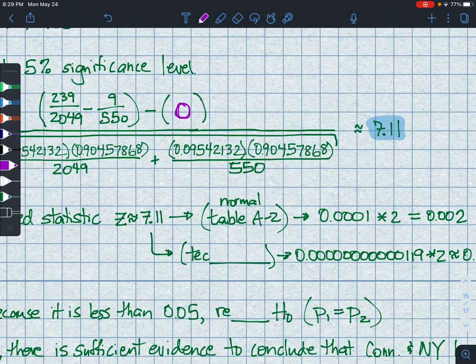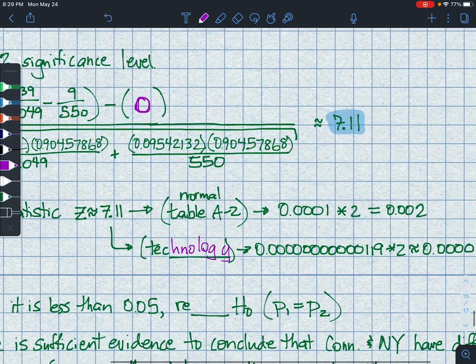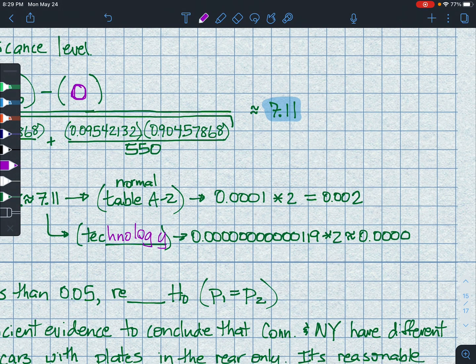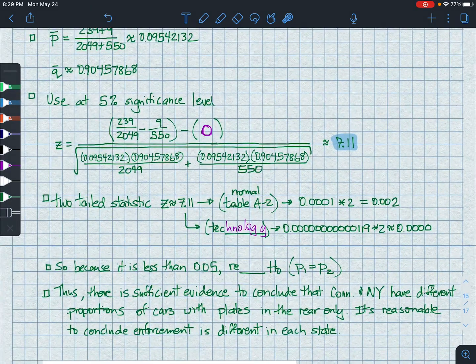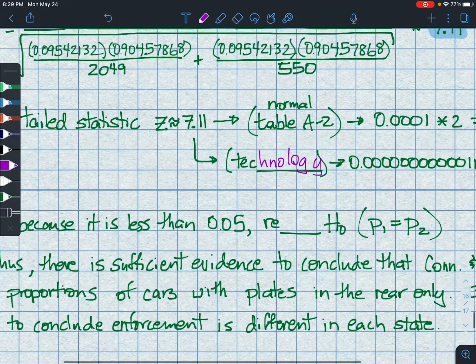Using technology, however, we get something a little bit more accurate. It's much closer to 0. And so when you use StatCrunch, you will get a p-value of 0.000. So because this is less than our tolerance, we reject H sub 0.